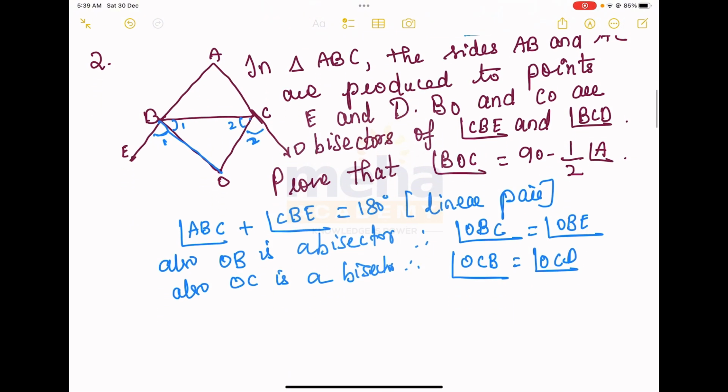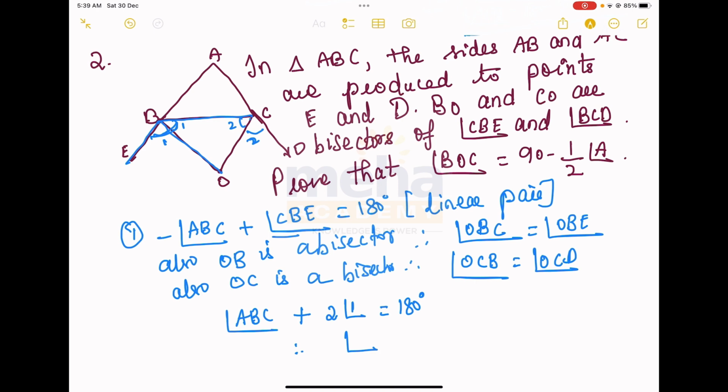Now from the first equation, let us consider this as 1. From angle ABC plus CBE, where is CBE? This is CBE, the full angle. So instead of CBE, I can write 2 times angle 1 gives you 180 degrees.